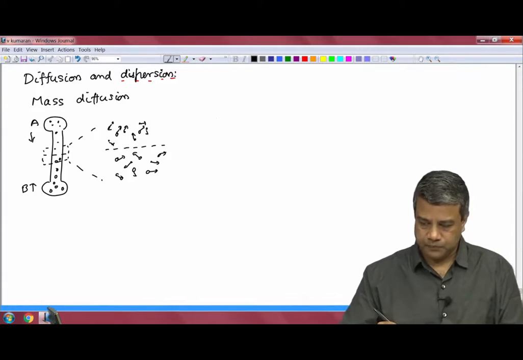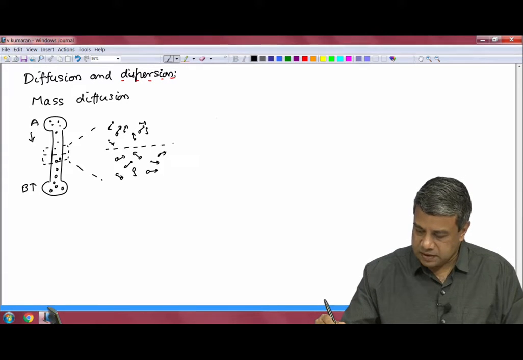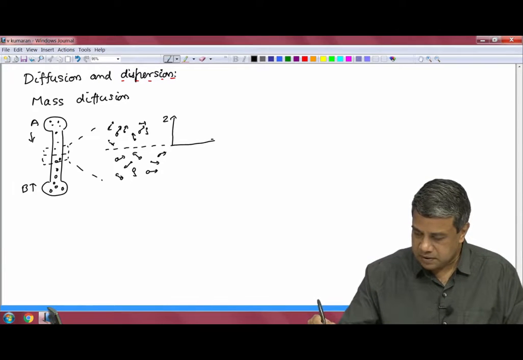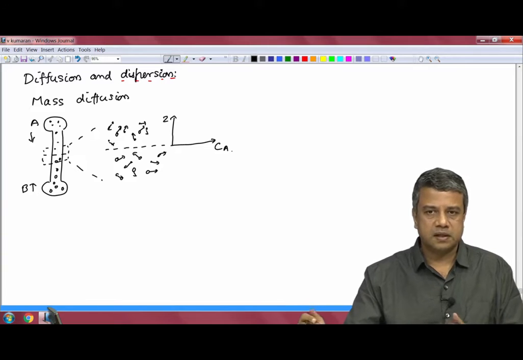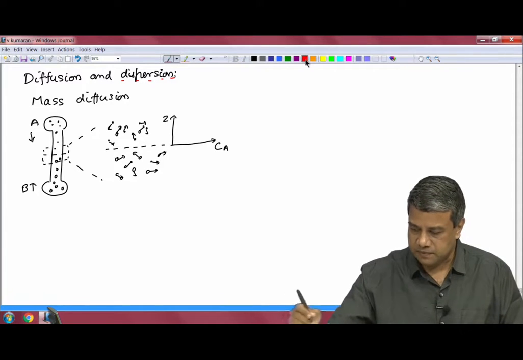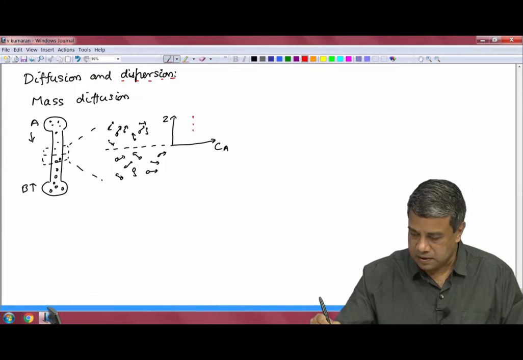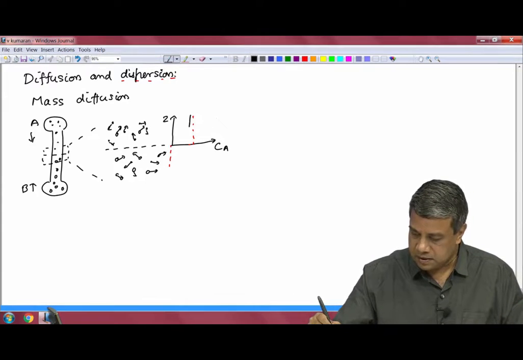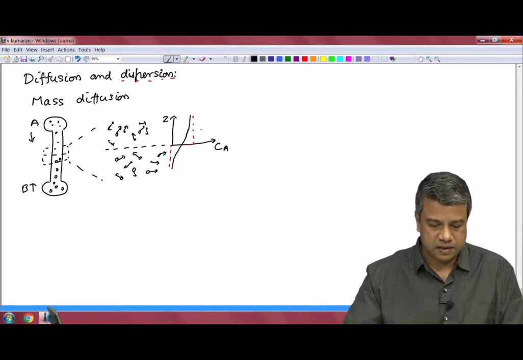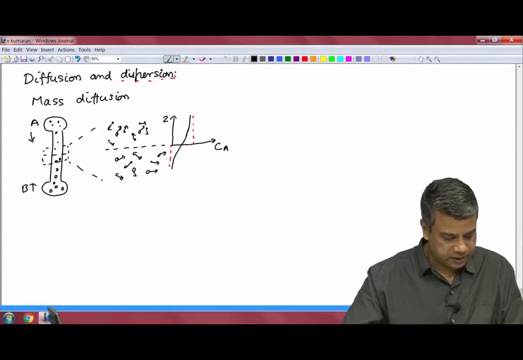If I consider the z coordinate as the coordinate perpendicular to the separation, and I plot the concentration of, say, species A across this, initially of course it will be some kind of a step function because it will be non-zero here and it will be 0 here. As the molecules diffuse across, you will get some kind of a concentration variation across this.